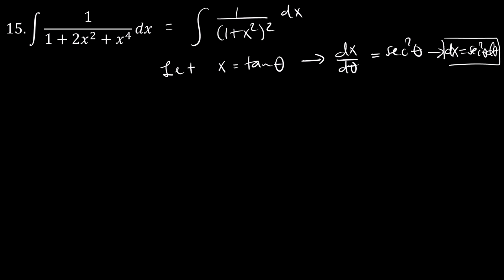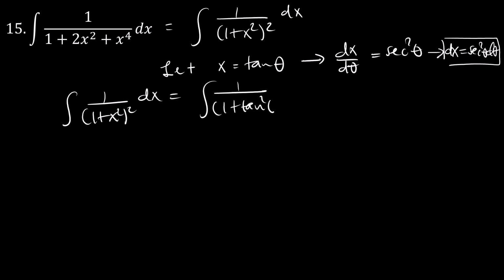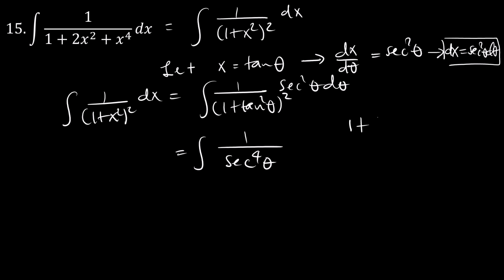And therefore, our problem becomes 1 plus tangent squared theta, with dx being sec squared theta d theta. And there's a square there. So we have 1 over sec to the 4th theta, because 1 plus tangent squared theta is equivalent to sec squared theta.